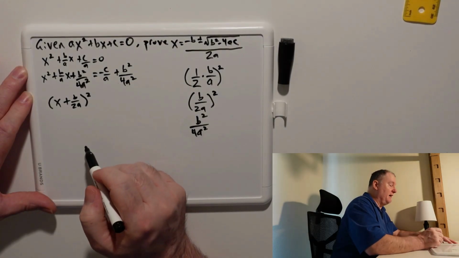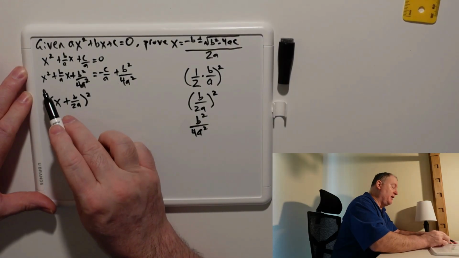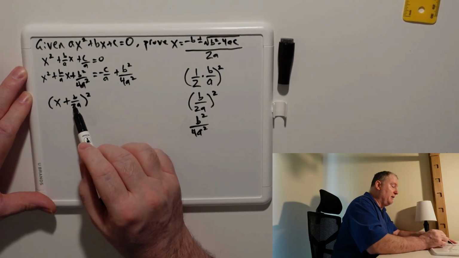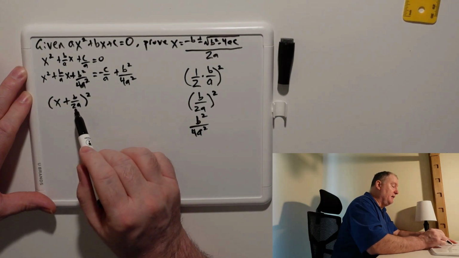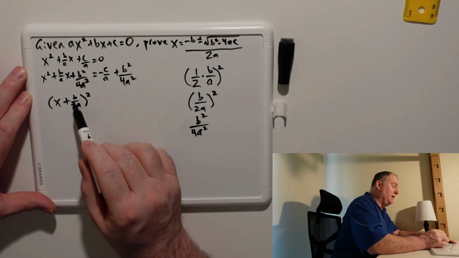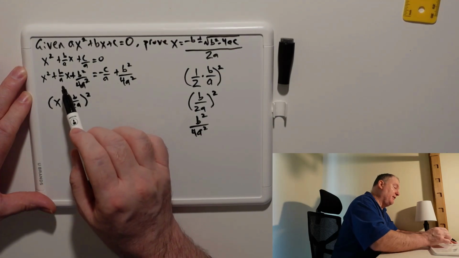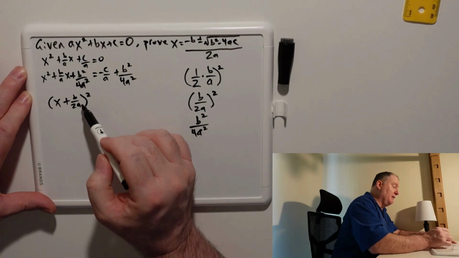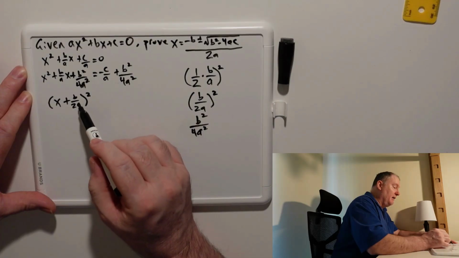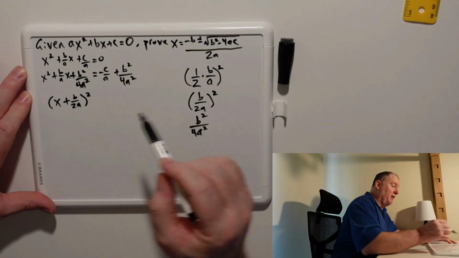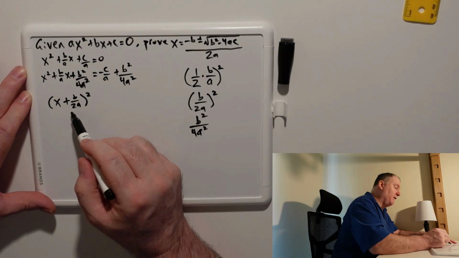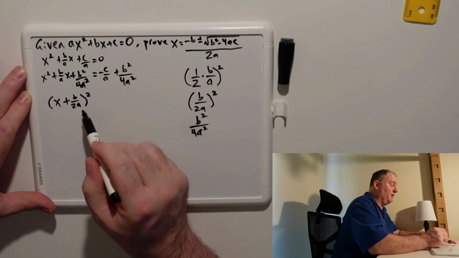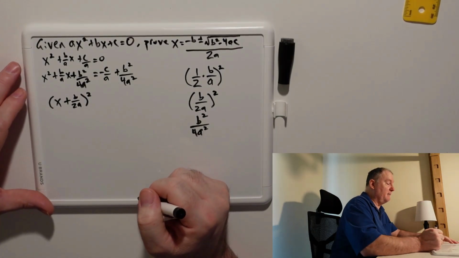If you FOIL this out, you would get x times x, which is x squared, plus b over 2a, plus another b over 2a, that's O and I. That gives you 2b over 2a, and the 2's cancel, leaving b over a, x. Then b squared, this is the squaring part, that's what our scratch work did. This will give us b squared over 4a squared. So you can see it FOILs out perfectly.